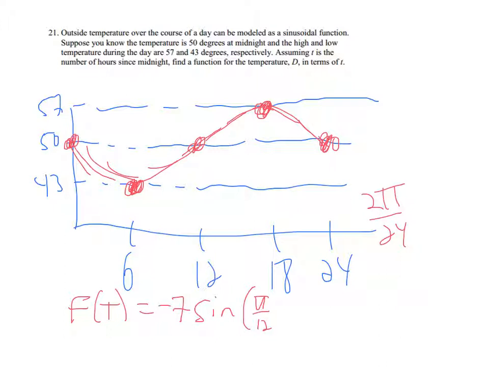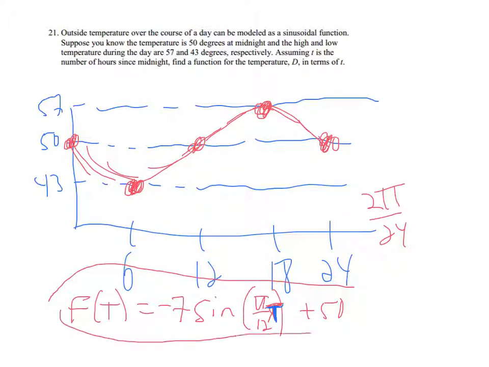It still hasn't been shifted left or right. I need an x in my equation, or a t. Write that in blue. And then I'm going to add on the midline of 50. And there we go. You just find the function. So we don't have to solve it at all yet.